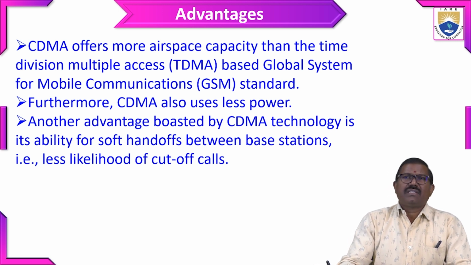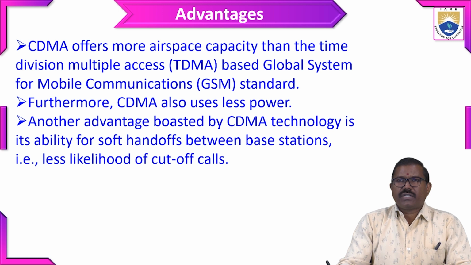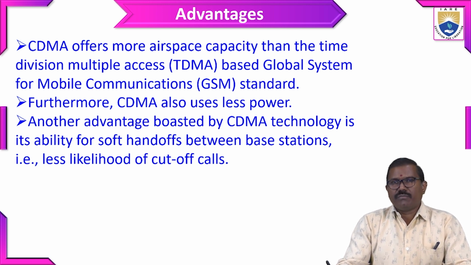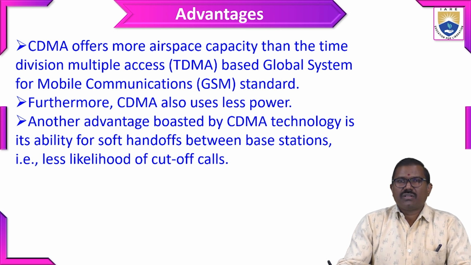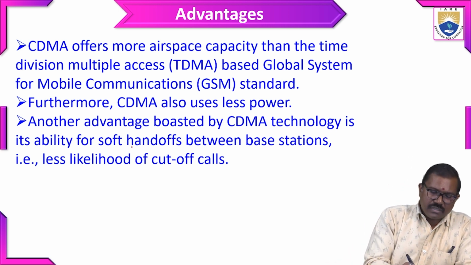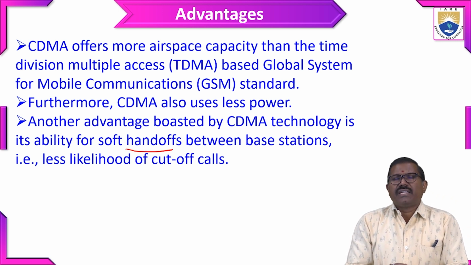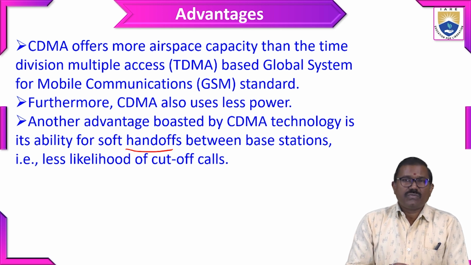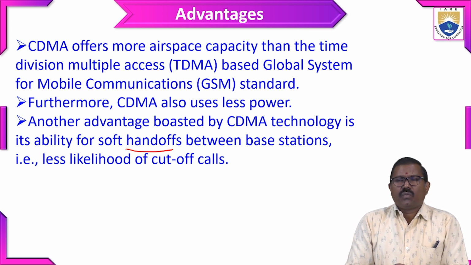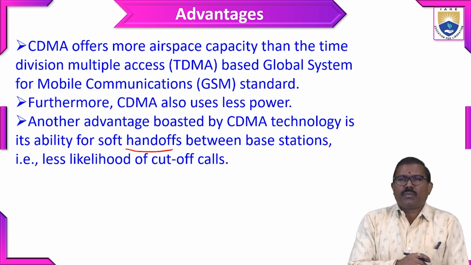Another advantage boosted by CDMA technology is stability for soft handoffs between base stations. There is less likelihood of cut-off calls. This handoff technology is dealing with cellular mobile. We already know how cellular mobile operation is done.